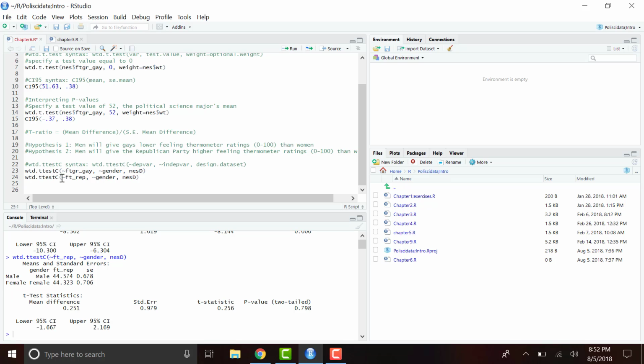So again, the information on ft_rep would appear consistent with the alternative hypothesis. Men with a mean of 44.57 score a little higher than women do, who average 44.32, a mean difference of 0.251, as you can see here.